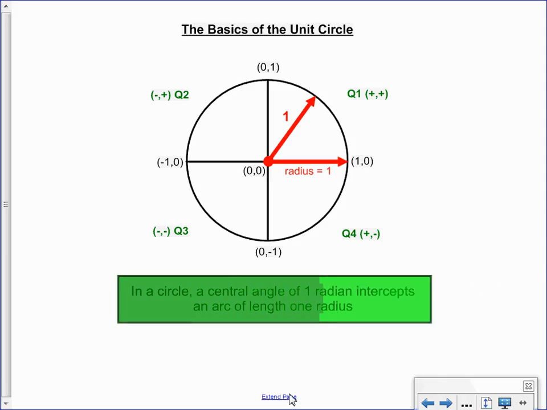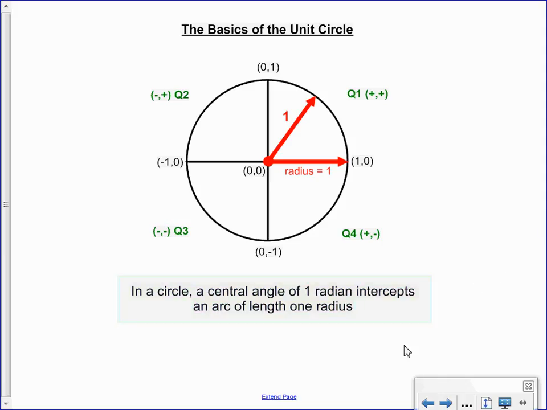All right. So again, just to emphasize, the central angle of 1 radian is when the arc length is equal to the radius. So the arc length is 1 and the radius is the same thing. There you go.